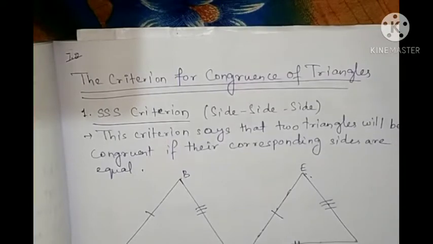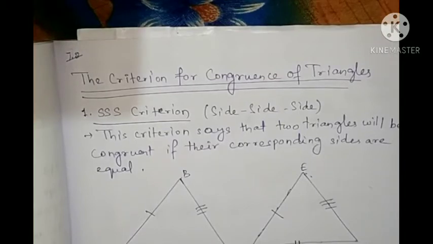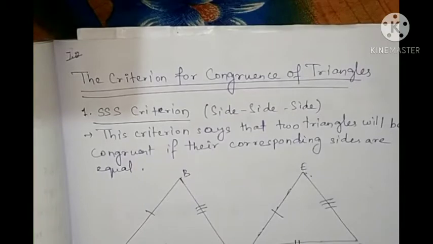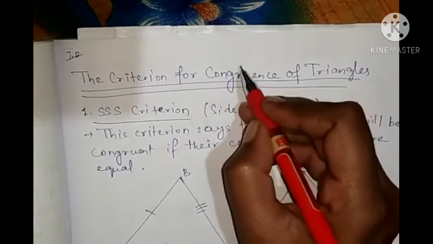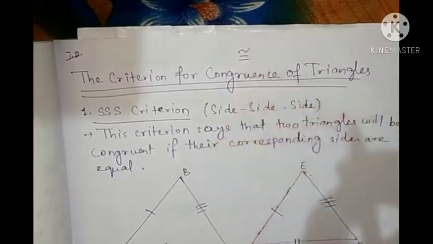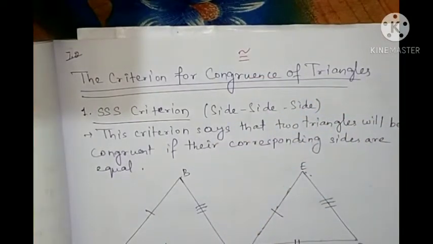Congruence means that if two objects, figures or shapes are exact copies of each other, with equal shape and size, then they are congruent. The symbol of congruence is two equal lines with one curved line above them.